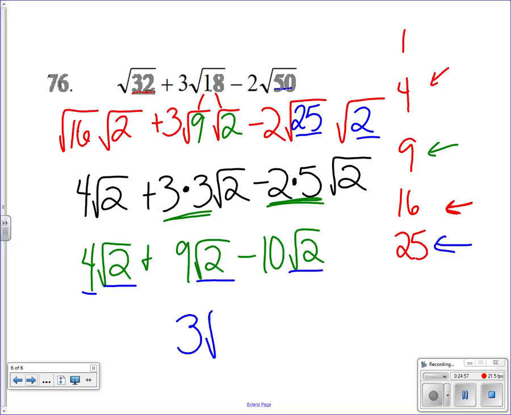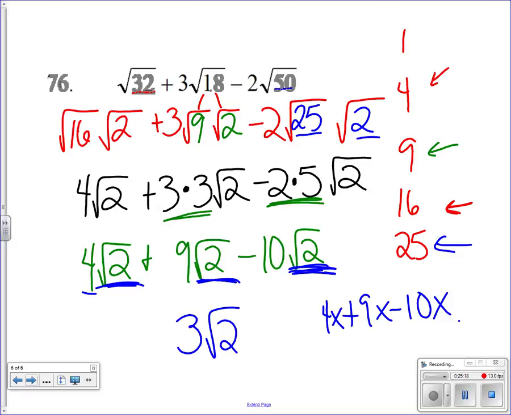It's kind of like if you had 4x plus 9x minus 10x. These square roots all behave identically like variables, like x. And as a result, since they are exactly the same underneath all the square roots, you can just go ahead and combine them to get your 3x, or 3 square root of 2. So again, that is problem number 76.